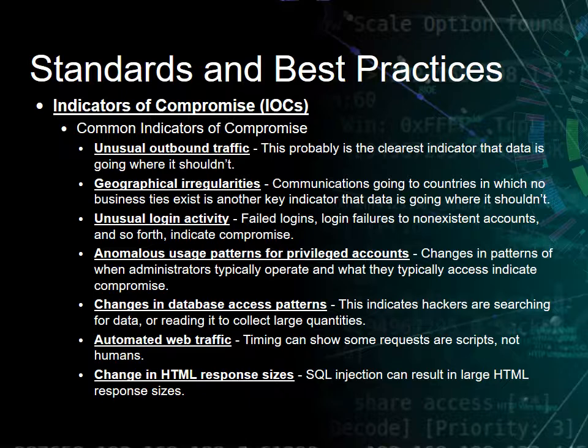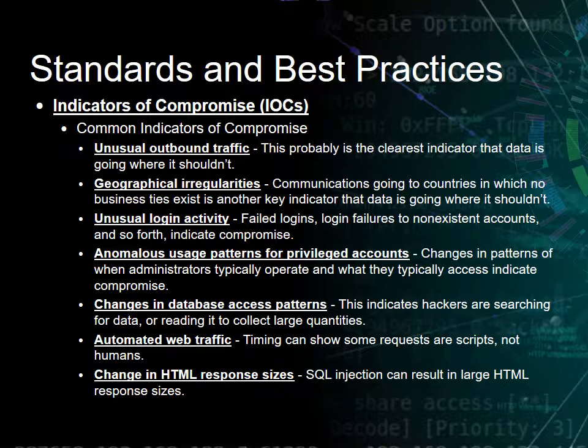Communications going to countries in which no business ties exist is another key indicator that data is going where it shouldn't. Unusual login activity, so failed logins, login failures to non-existent accounts, and so forth indicate compromise.